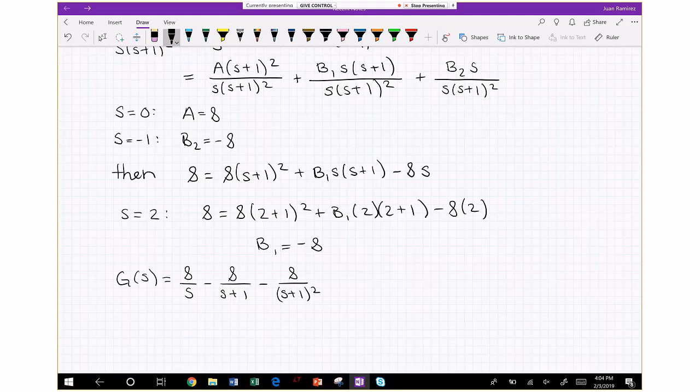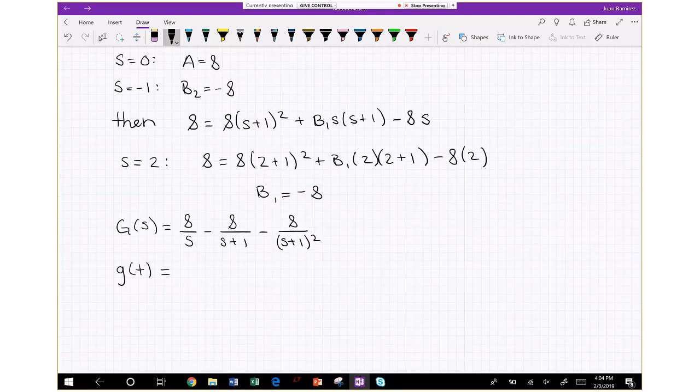And if we look at our Laplace transforms table, the inverse Laplace transform for each one will be 8 times u of t, minus 8 times e to the negative t, right? 1 over s plus a, the time domain transformation of that would be e to the negative at.